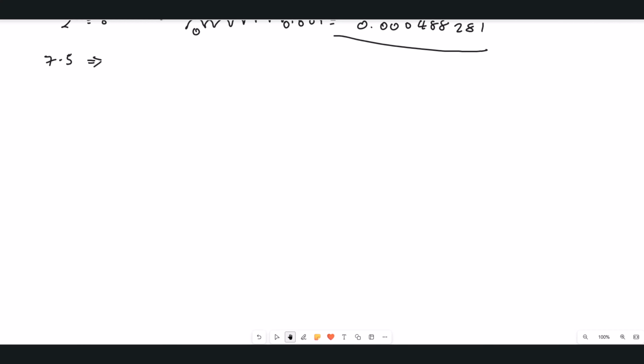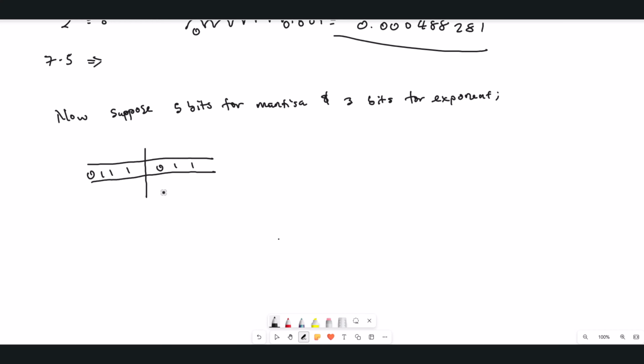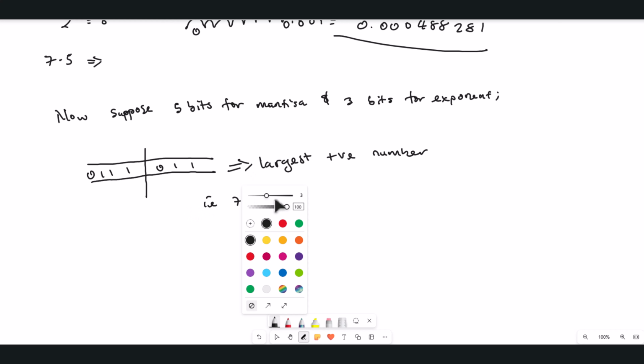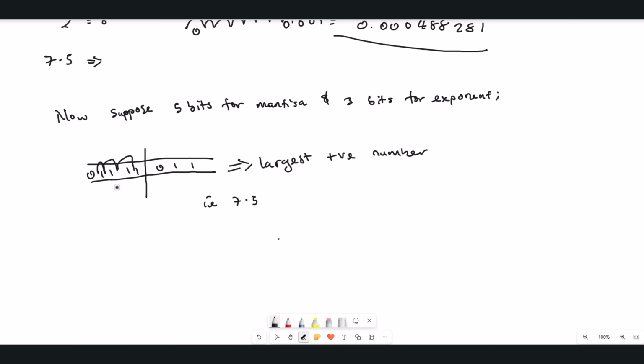If we change the setting a little bit and use 5 bits for the mantissa and 3 bits for the exponent, with this setting we notice that this is the largest positive, that is 7.5, simply because if you take the mantissa and move it 3 points to the right, because this exponent is equal to 2, we have 7.5, which is the largest positive number.